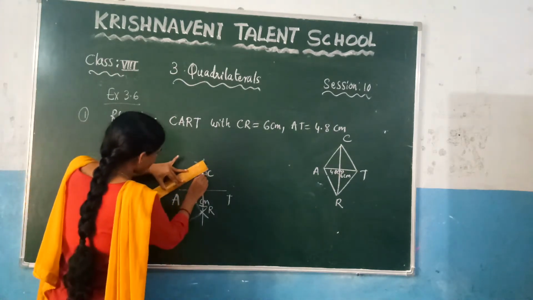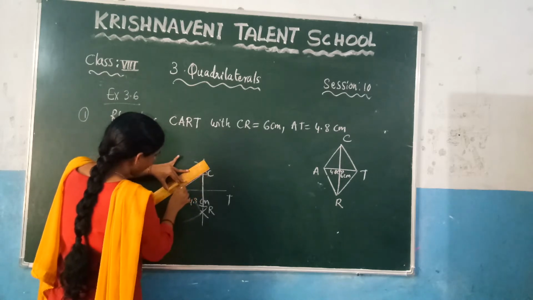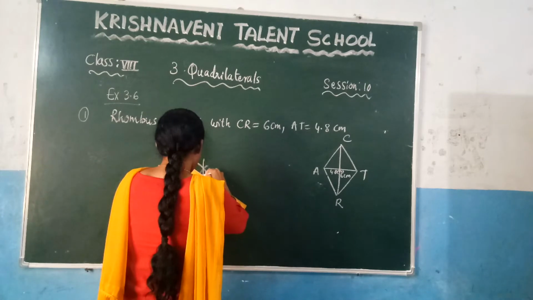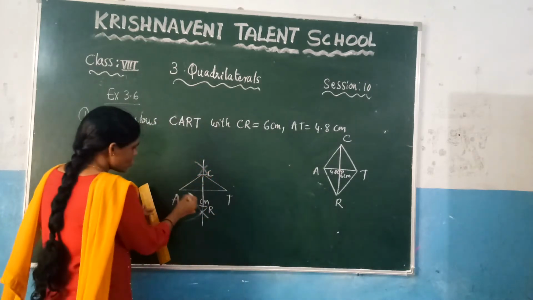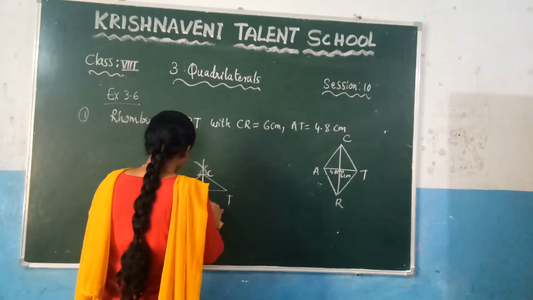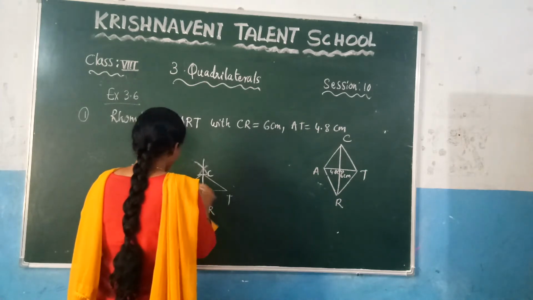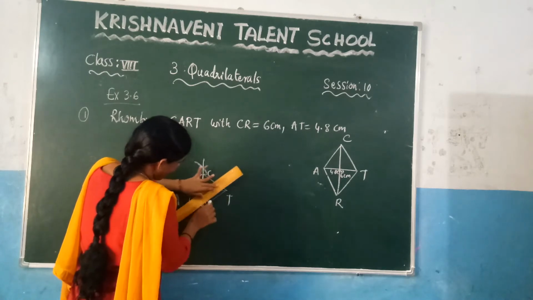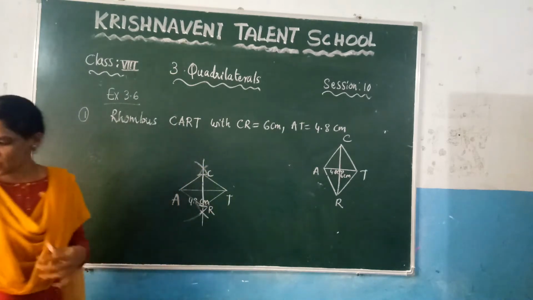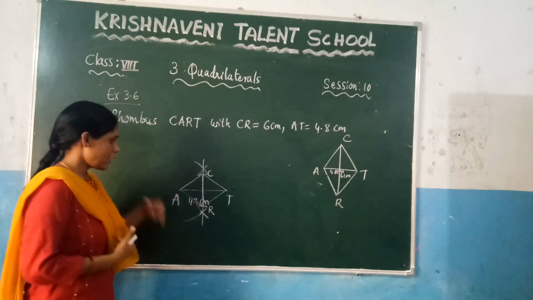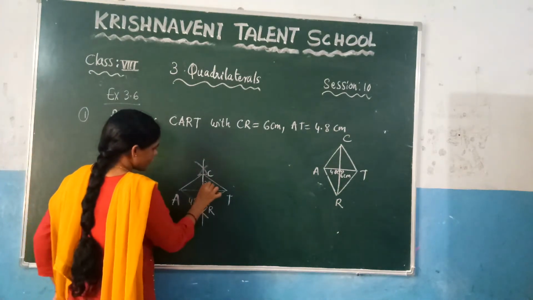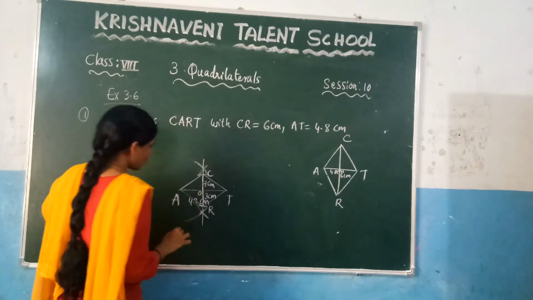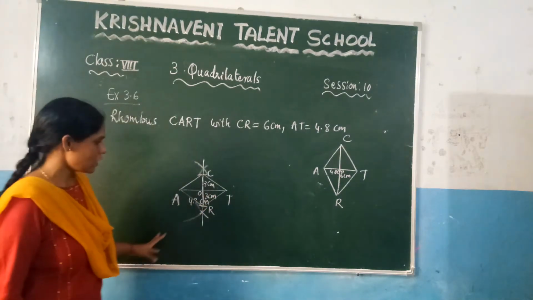Now here join this CA, and similarly here CD, and again join AR and join RA. Like that you need to construct the rhombus. So again now write it here. This is 3 centimeters and this is 3 centimeters, and the middle mark it as O.